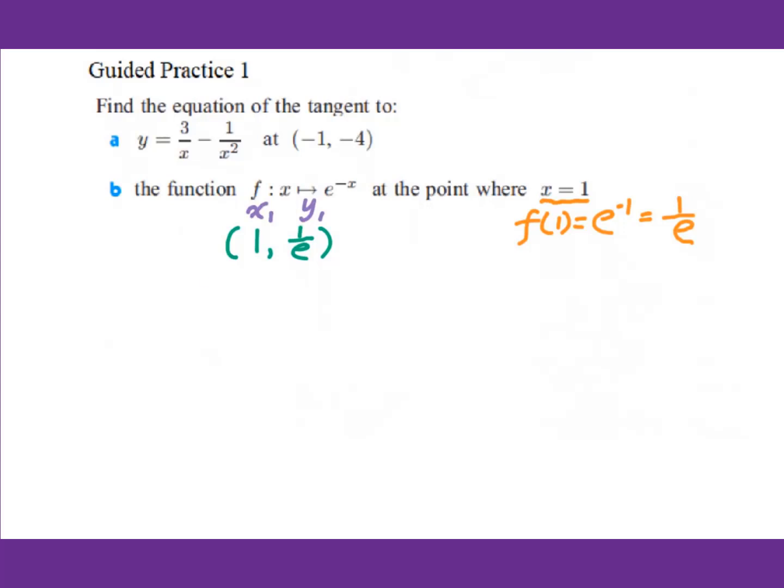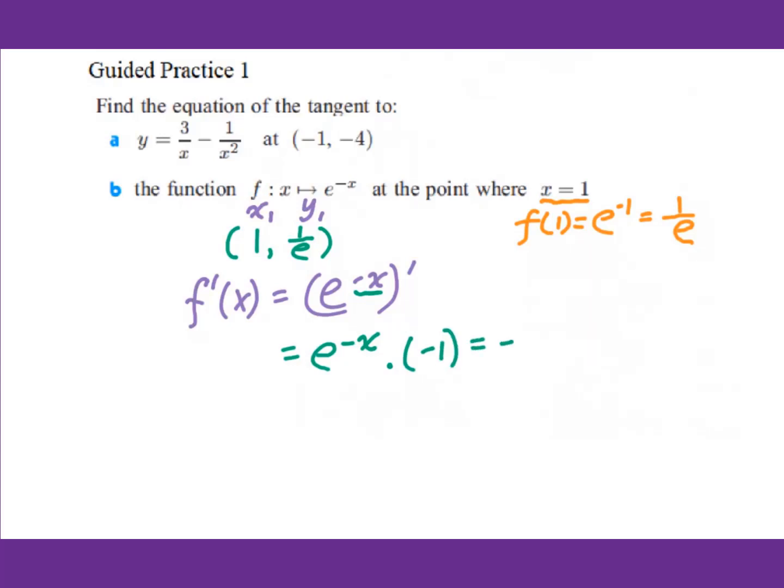Then we need to get the derivative of f of x. That is e to the negative x power, we do the derivative. So we get e to the negative x power times, using the chain rule, you have to do the derivative for negative x, that is -1. So we get negative e to the negative x power.